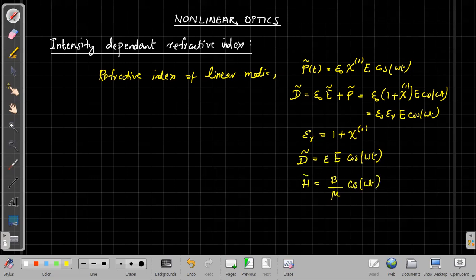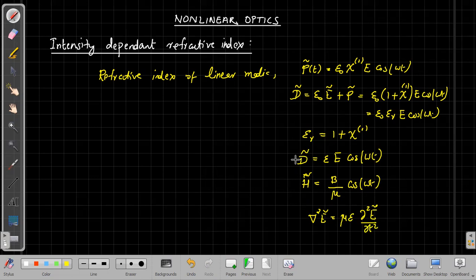So in place of epsilon 0 we get epsilon, and in place of mu 0 we get mu. Hence, if you write down the differential equation of the wave, using Maxwell's equations, we get del square E equal to mu epsilon dou square E by dou t square.